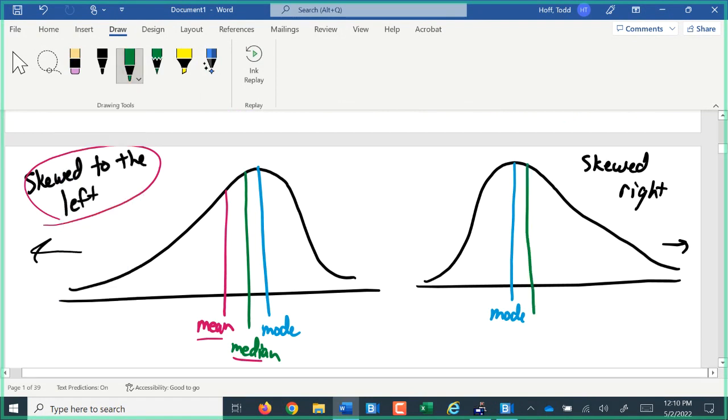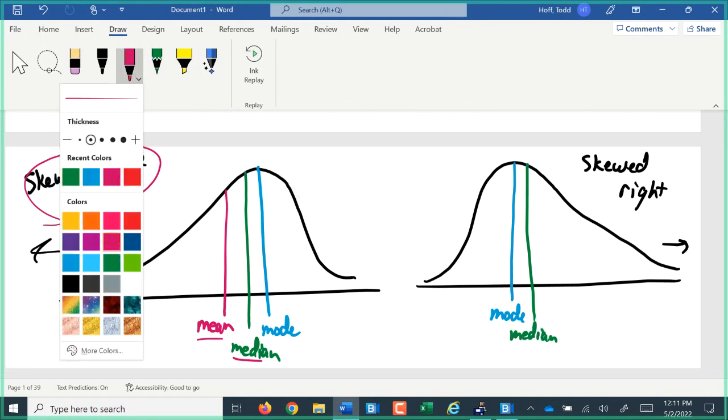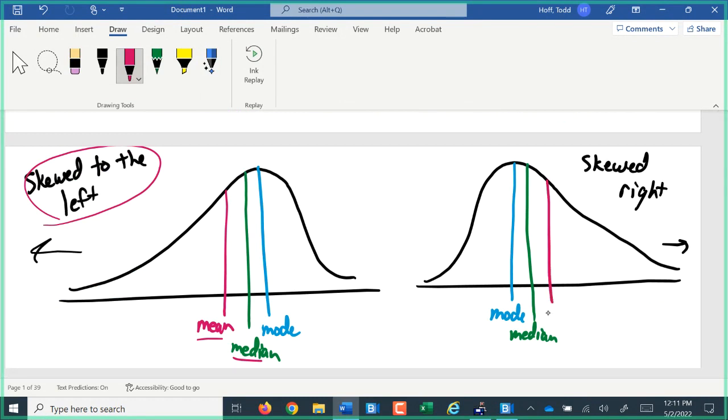The median moves over slightly, and the mean gets moved the most. So we can see here if the mean is larger than the median, the data is most likely skewed to the right. We didn't have an example of that with our data.